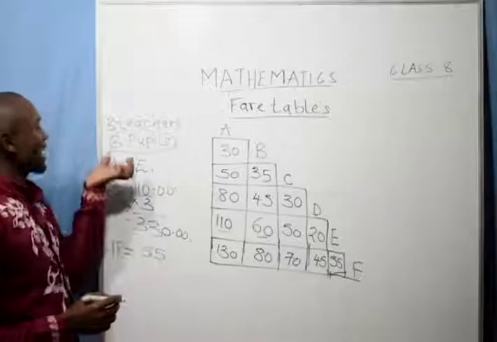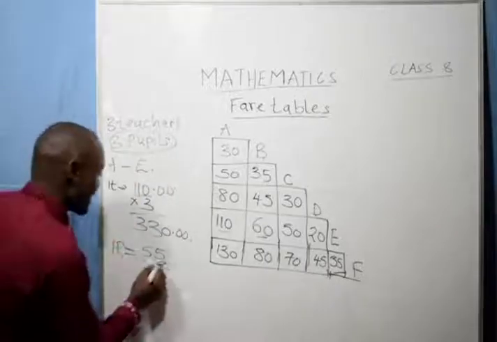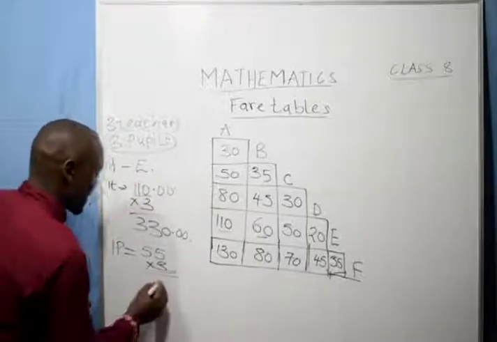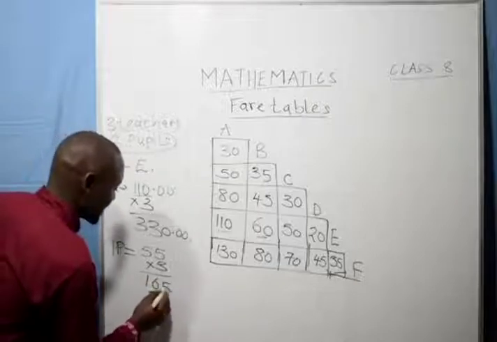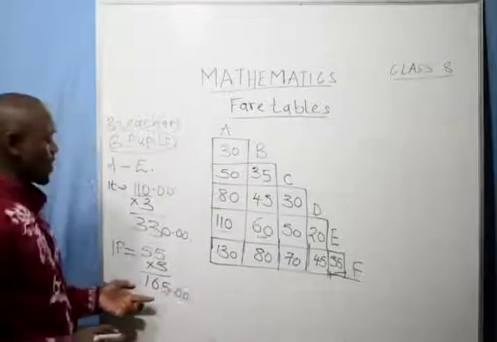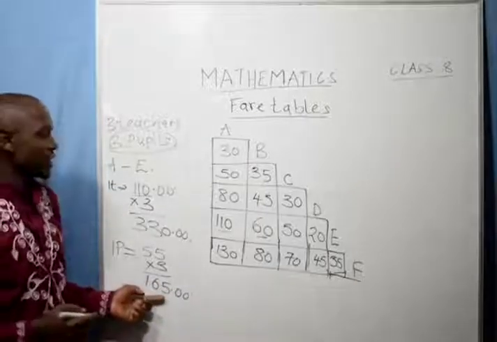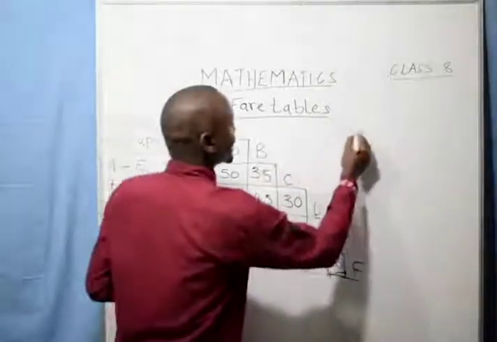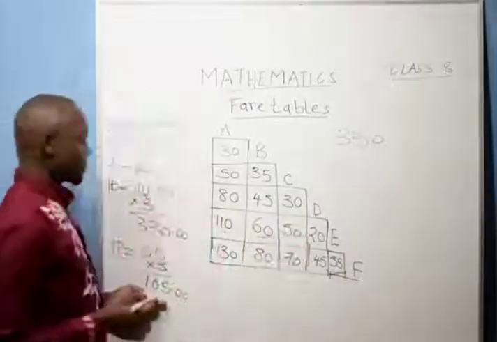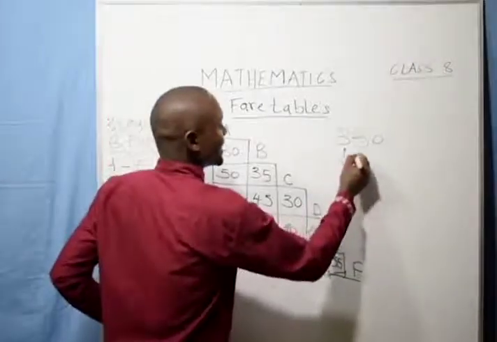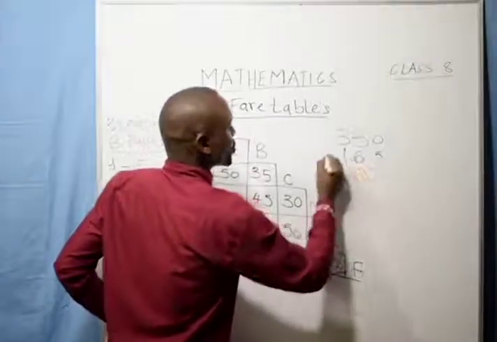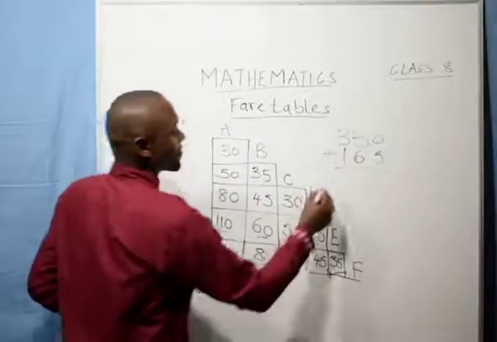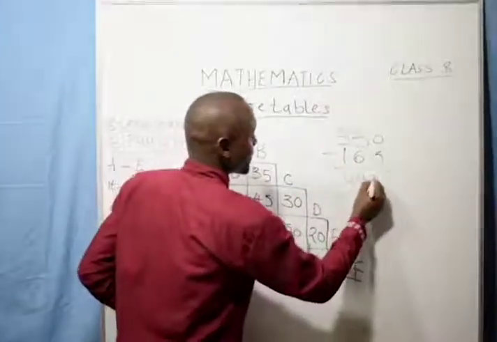Because there are 3 pupils, we multiply by 3. So this is 165 shillings. So 3 teachers will pay 330 shillings, while 3 pupils will pay 165 shillings. In total, they are going to pay 495 shillings.